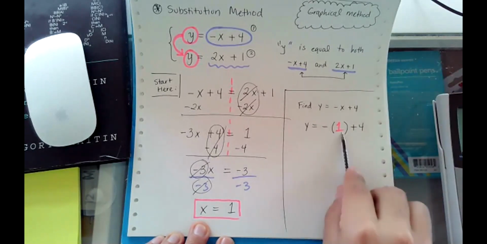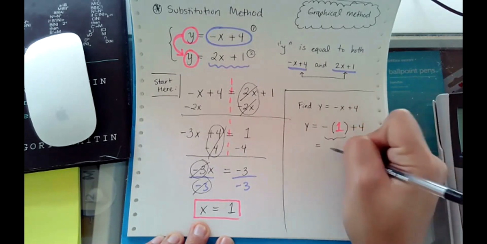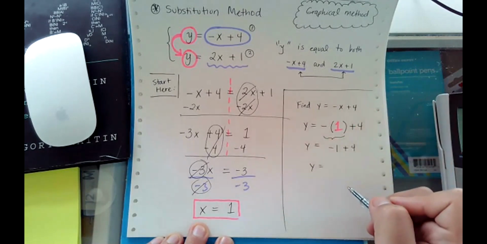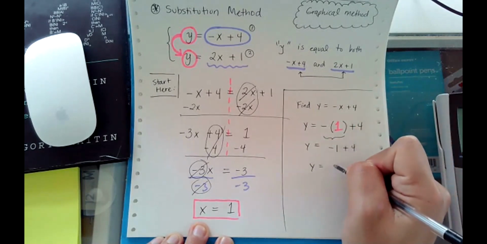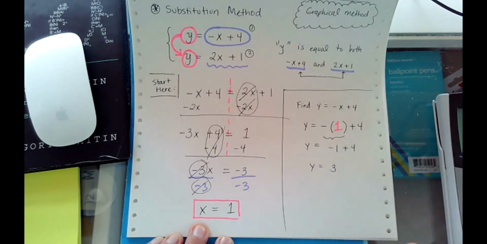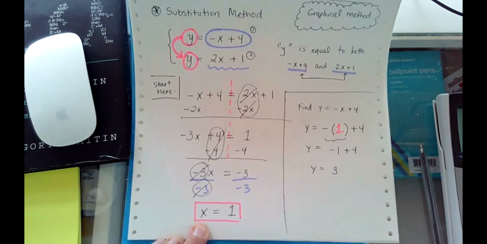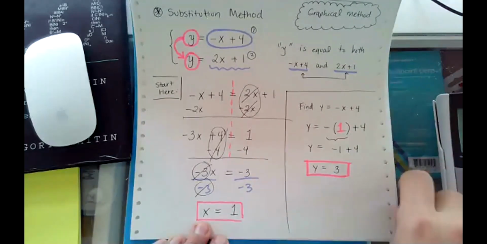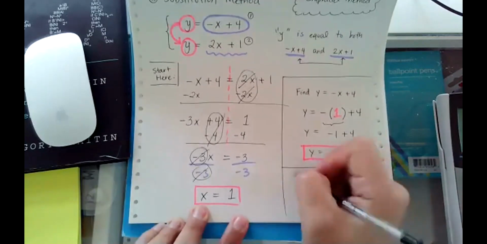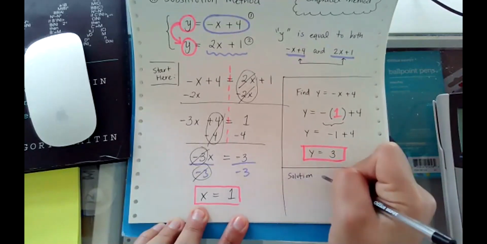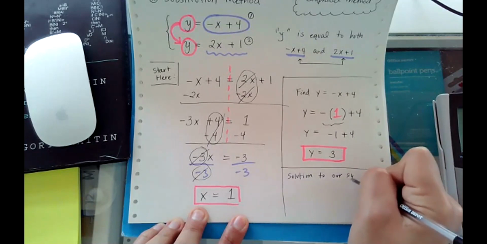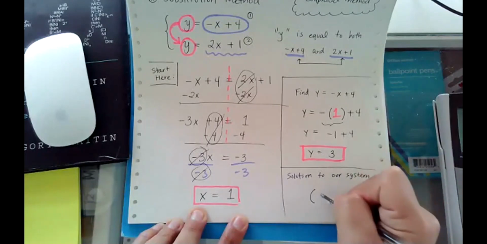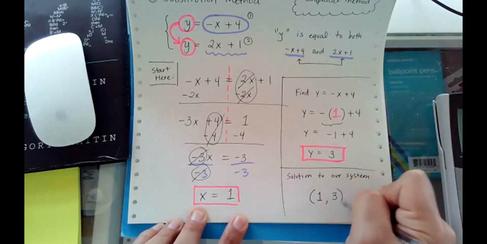Either way, this will be -1 plus 4. And so we should get y is equal to 3. And so the solution to our system of equations is the point (1, 3).